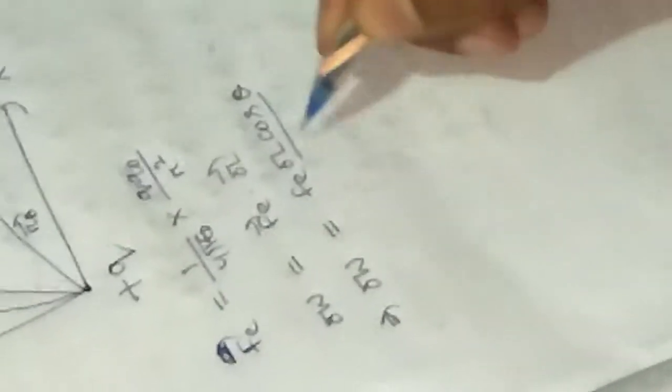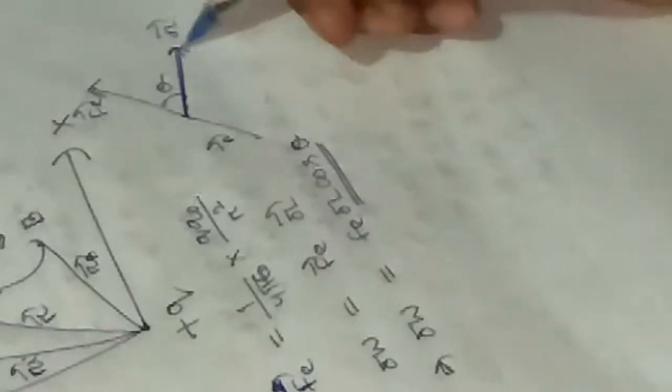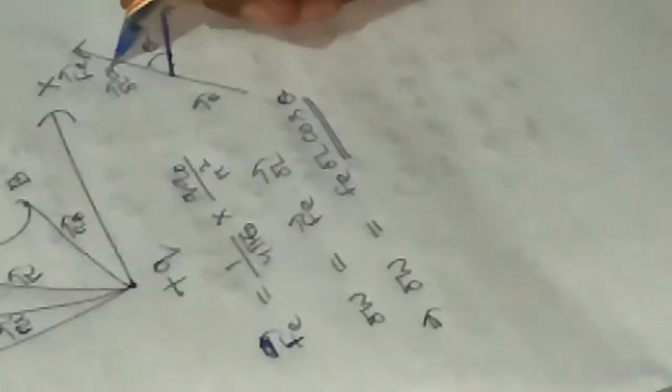Now what is delta L cos theta? Let us draw the zoomed figure. Suppose this is F_e vector, this is delta L vector, this angle is theta, and this is r vector. If I resolve delta L, it will be delta L cos theta along F_e.